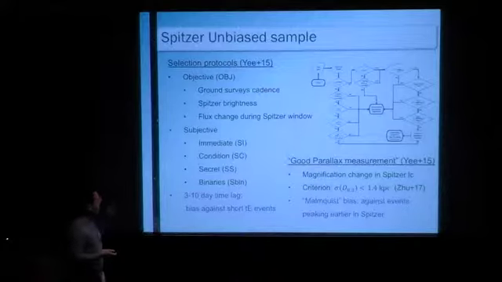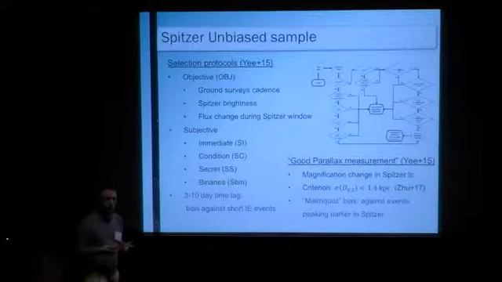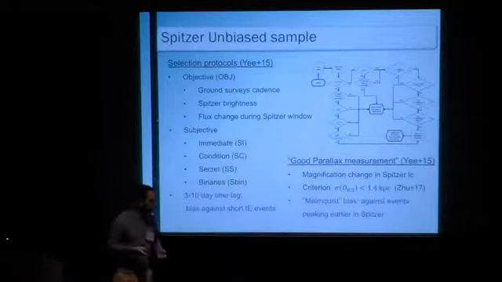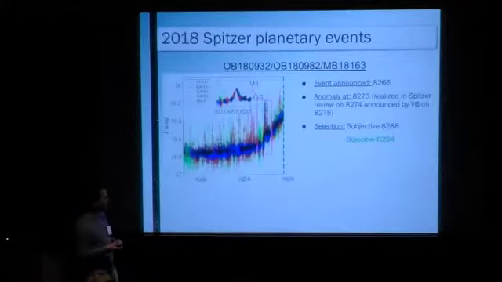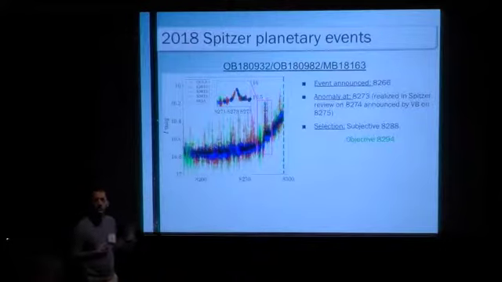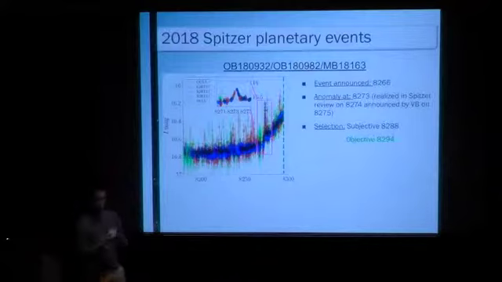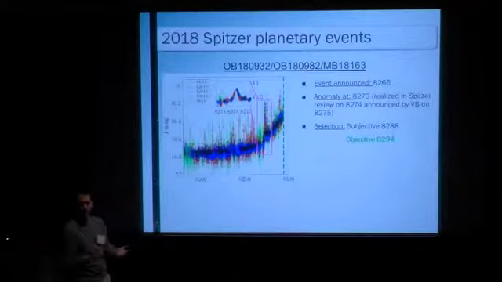Now, just to give you intuition about our selection process, I will go through the 5 planetary events that we followed in 2018 and see how they fall in our selection protocols. The first event had a planetary anomaly very early in the season, a month before our first upload. So you can ask yourself, how can it be part of an objective sample?